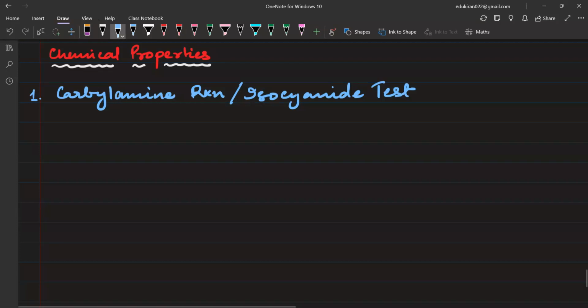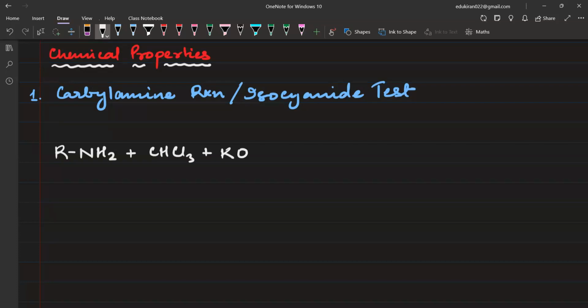So what happens in this first? Primary amines, that is RNH2, react with chloroform and potassium hydroxide. In the presence of a bit of heat, it gives RNC. This is alkyl isocyanide, or in general you can write isocyanide or carbylamine, plus KCl plus H2O.